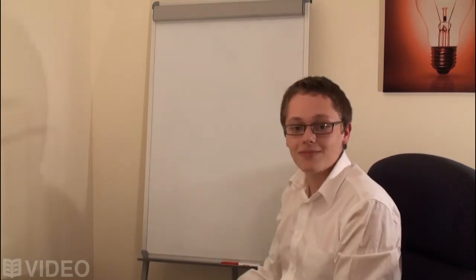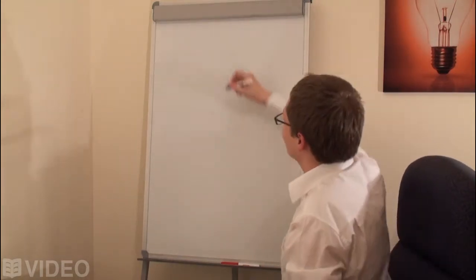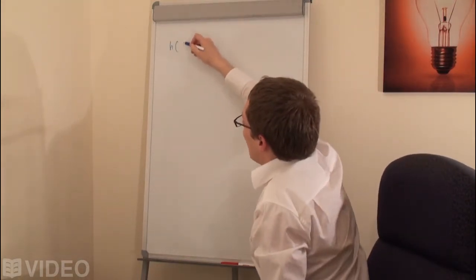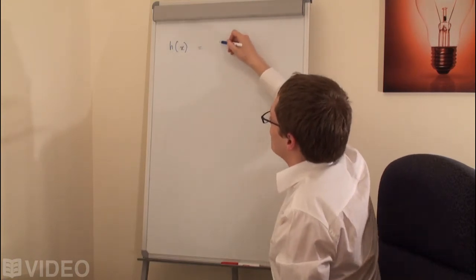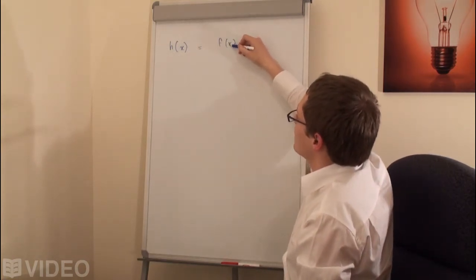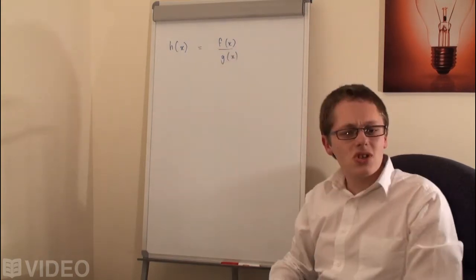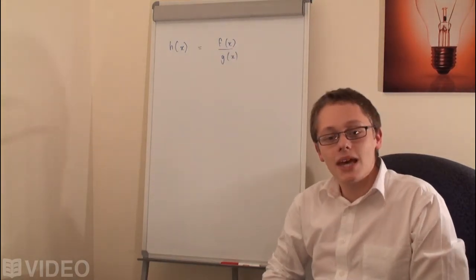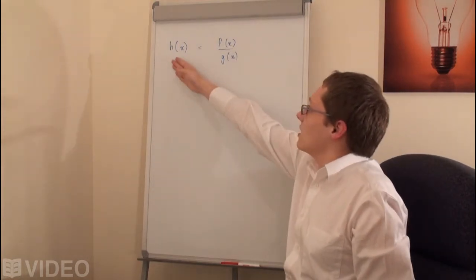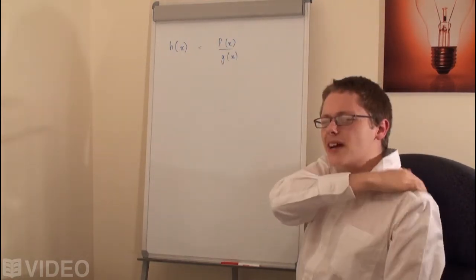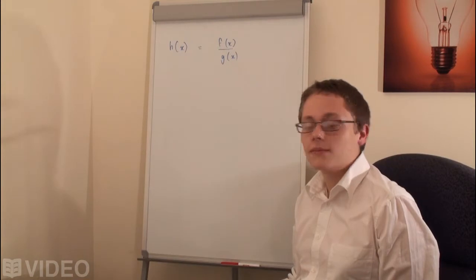Just did product rule. Okay, so we have the h of x, and it's equal to the f of x on g of x. So again, those are just like algebraic terms. This function here is just two algebraic terms divided by each other.